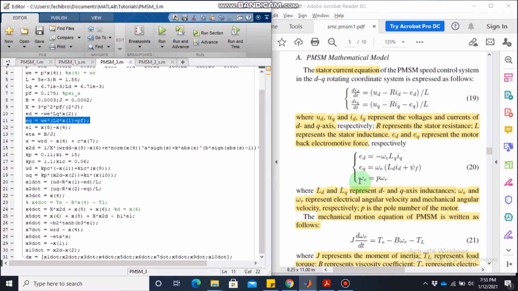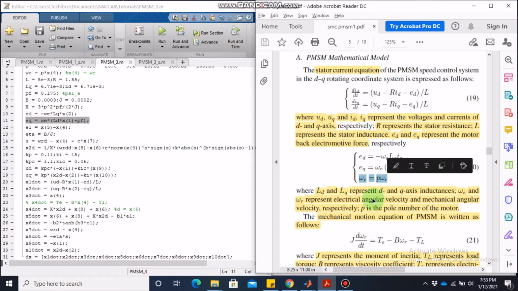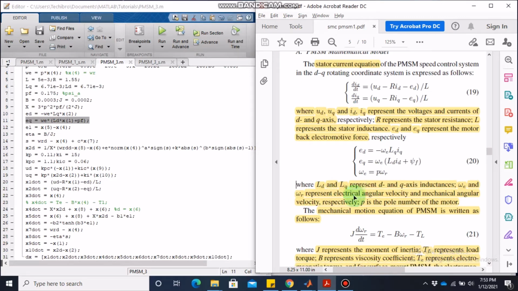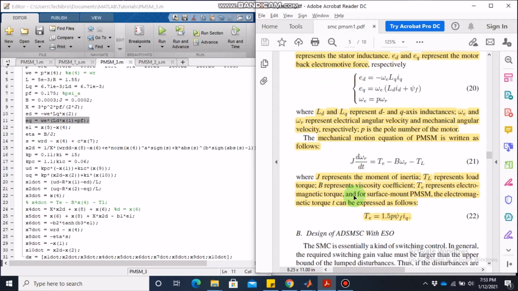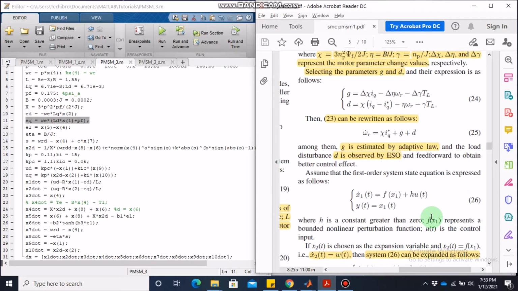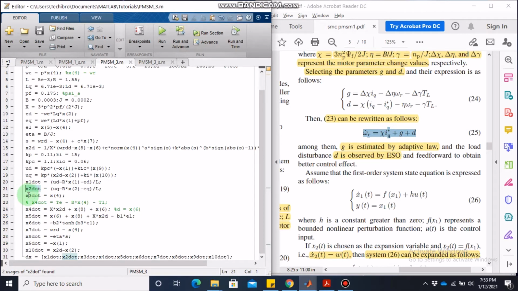Omega E is equal to P times omega R. Again, the value of P I have assumed to be 6. Then there is this equation. This is the mechanical motion equation of the motor, which they have simplified to this value here, omega r dot. Of course theta dot is equal to omega r, so x3 dot is equal to x4.